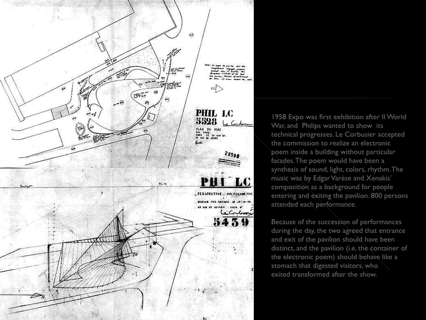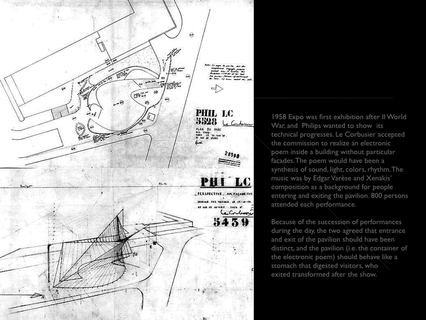So the first project I want you to focus on is Le Corbusier's Philips Pavilion, designed for Expo 1958. This was a project which Corbu used to construct an electronic poem integrated with architecture.